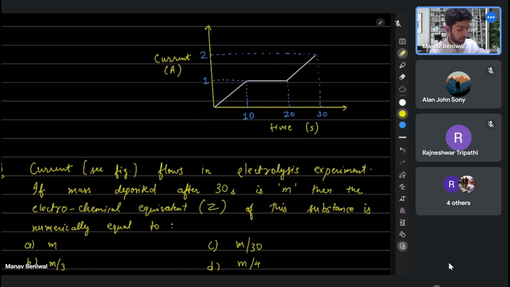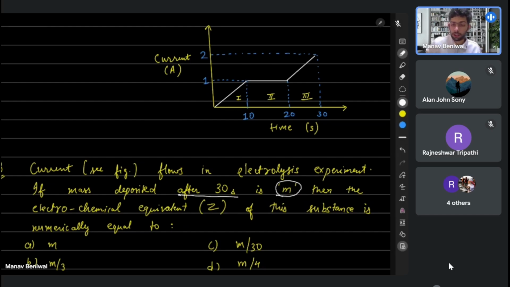So there are basically 3 regions, right? This is region 1, this is region 2, and this is region 3. And after 30 seconds, after all this current has flown, we get m amount of mass deposited in our system.